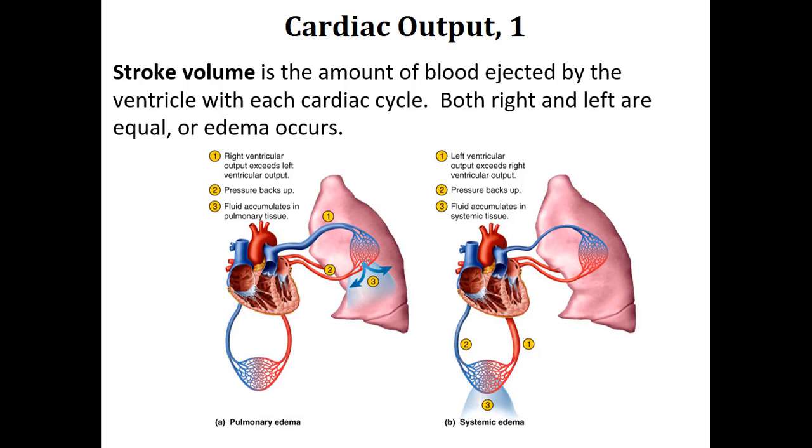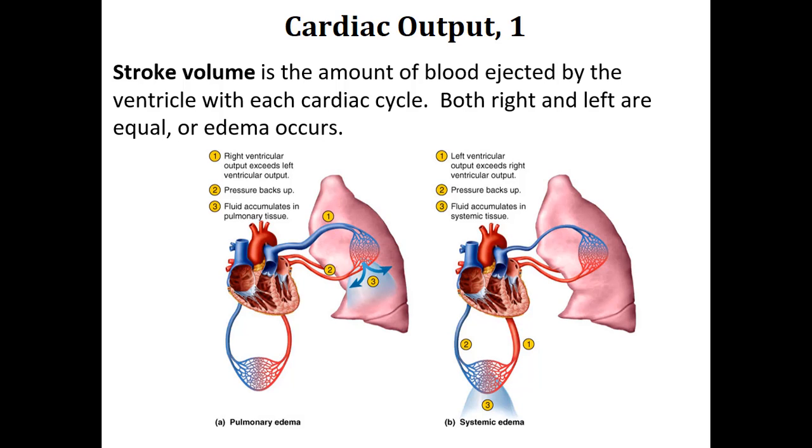But in any case, let's talk about edema. Where does the blood go from your right ventricle? Does it go to the body or to the lungs? The lungs. The amount ejected from both ventricles should be equal, both 70.